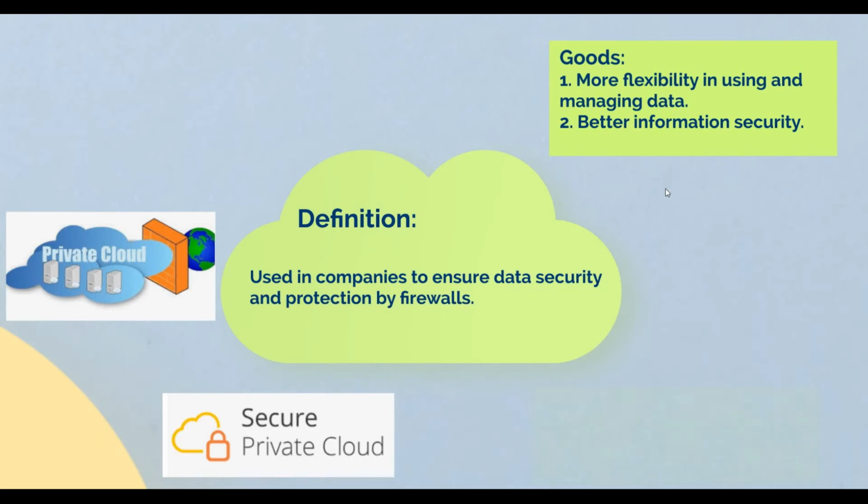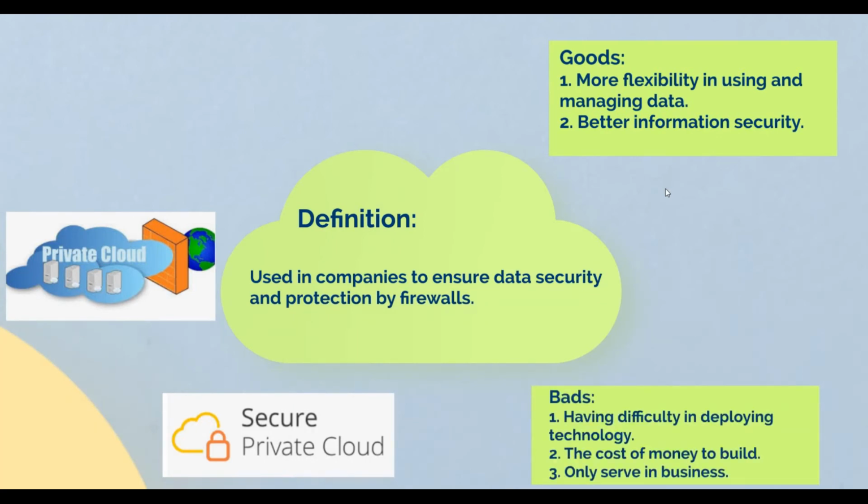The bad sides are that it is difficult to deploy the technology, it costs a lot of money to build and maintain the system, and finally, it only serves the business.